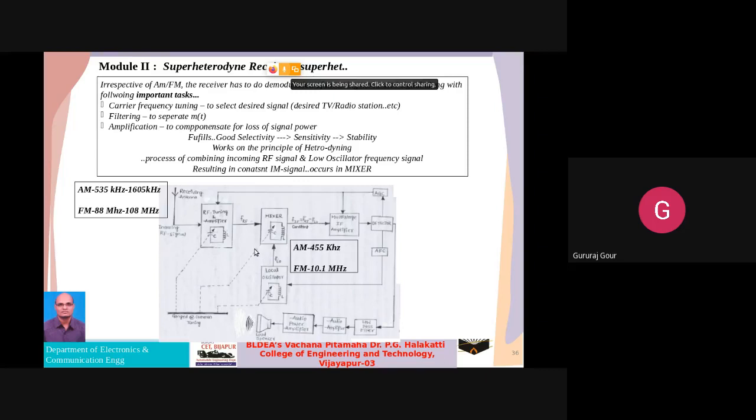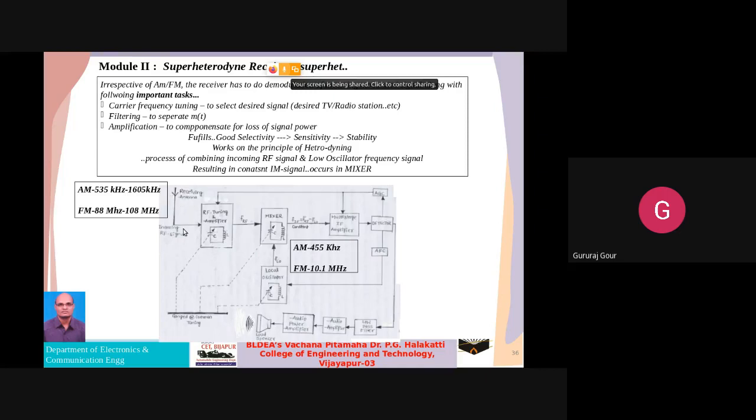What it is doing is simply mixing the incoming radio frequency signal. That radio frequency signal could be AM or FM. The AM signal range I have given here is from 535 to 1605 kilohertz.